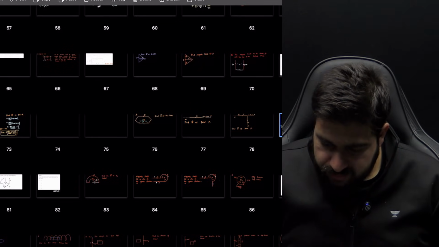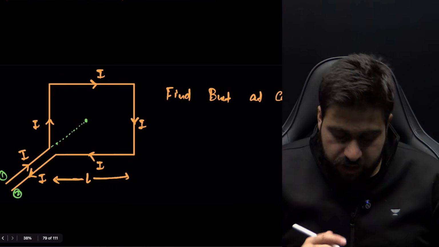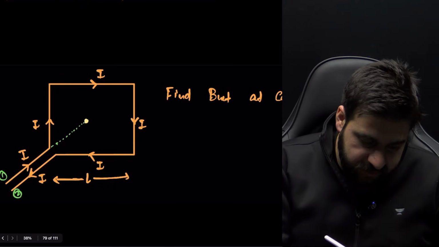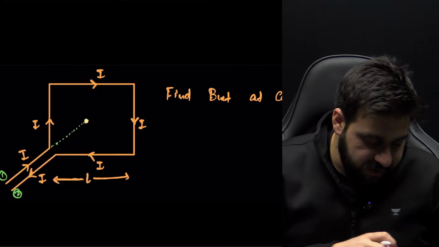Okay. Let's suppose you have this question. If they ask you to find the magnetic field at the center, what is the magnetic field due to this loop at the center?